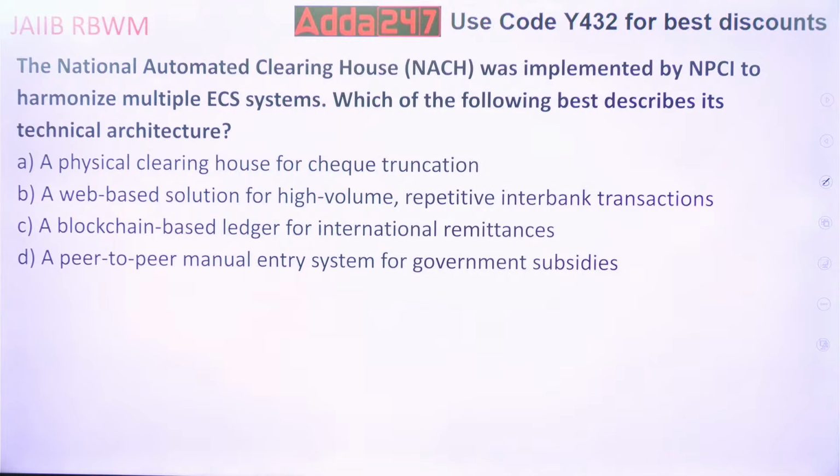A physical clearing house for cheque truncation, a web-based solution for high volume repetitive interbank transactions, a blockchain-based ledger for international remittances, a peer-to-peer manual entry system for government subsidies. So what is NACH? Is the answer A, physical clearing house?